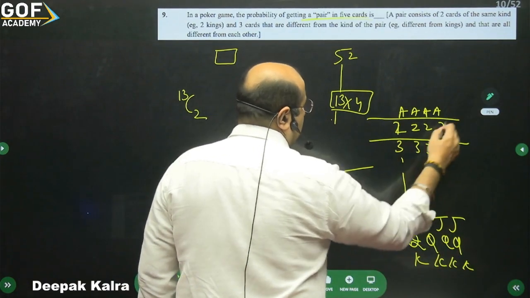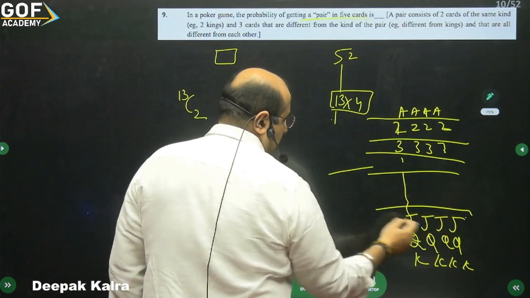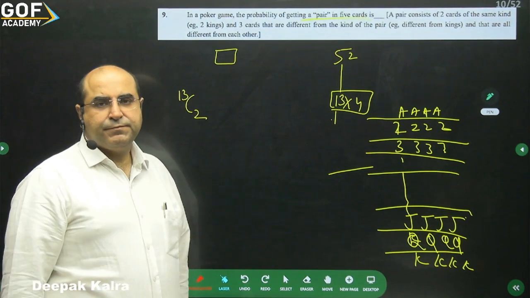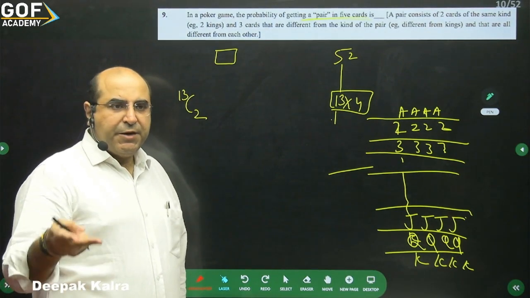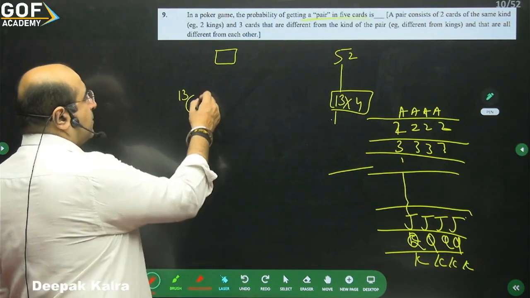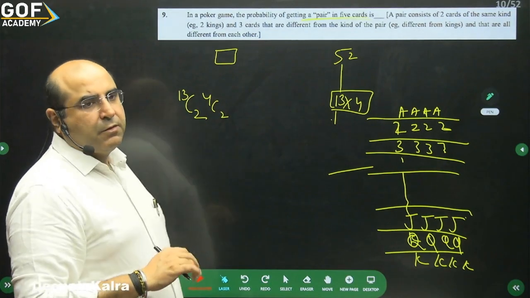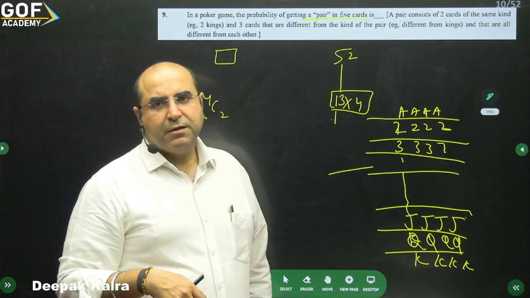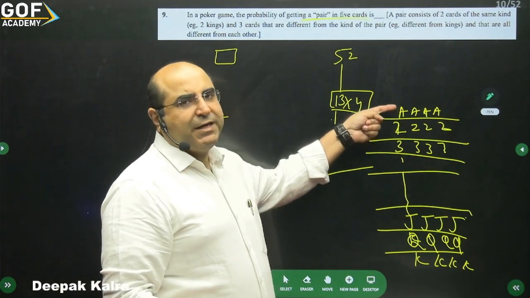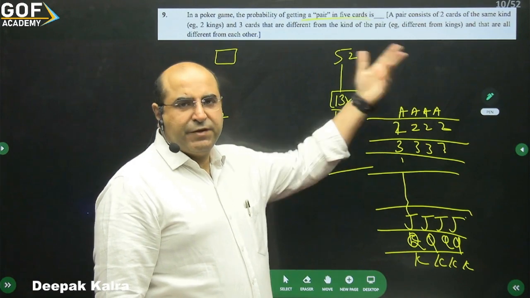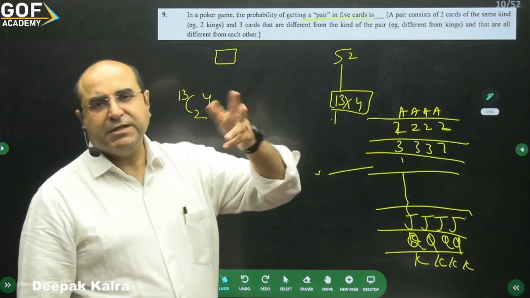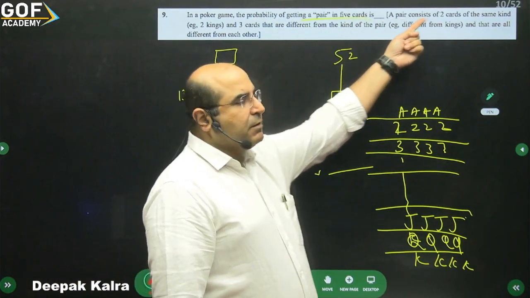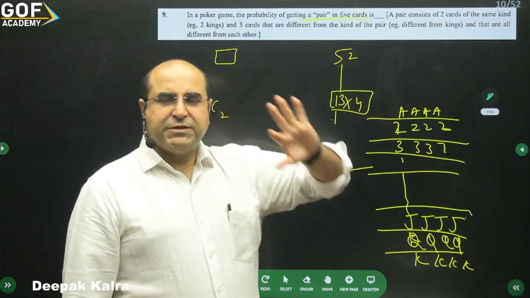These are the 13 groups, right? So first of all we select any one group out of them, and from that group we select 2 cards to form a pair. If aces are selected, I want to select 4C2 out of it to get 2 aces, right? So this is my first work done: 2 cards of the same kind selected.